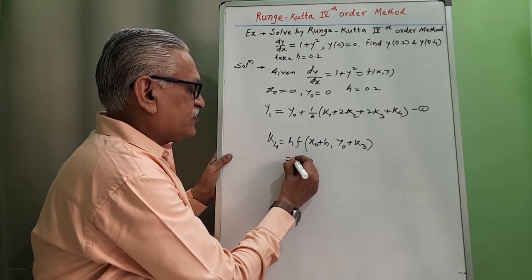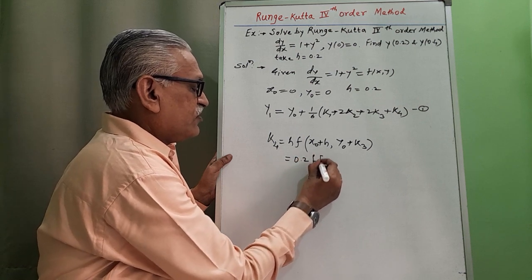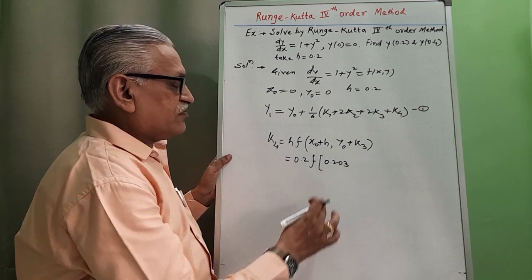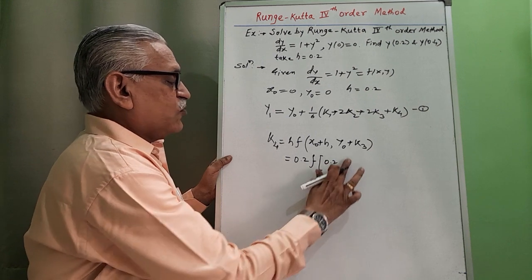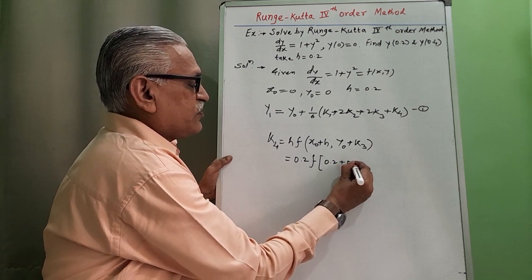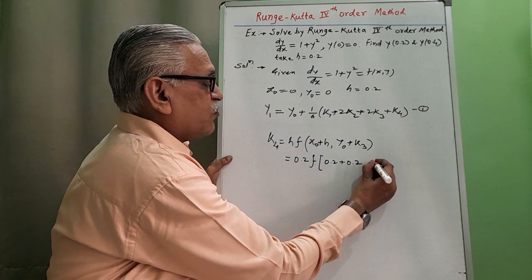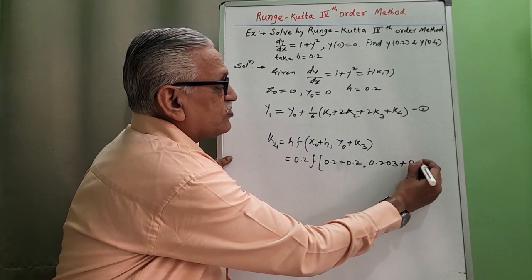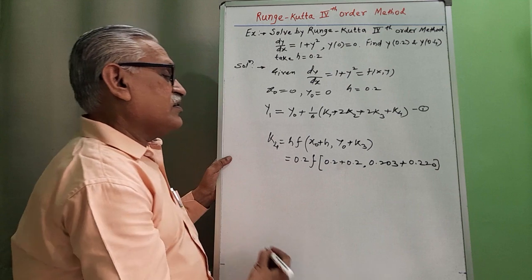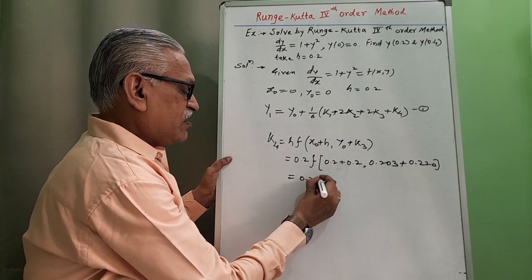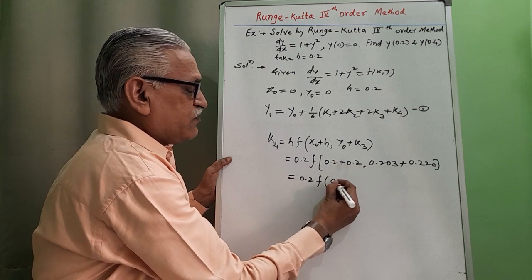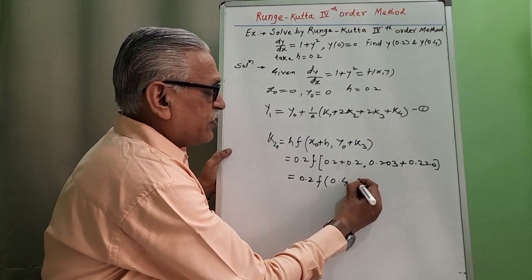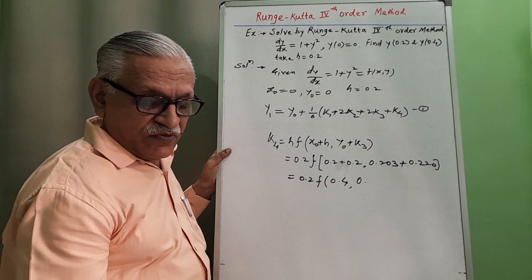Corresponding values we have to substitute, h as 0.2, f of x0 is 0.2 plus h as 0.2, y0 as 0.203 and k3 as 0.220, 0.2 f of 0.2 plus 0.2, we get 0.4, 0.203 plus 0.220 is 0.423.